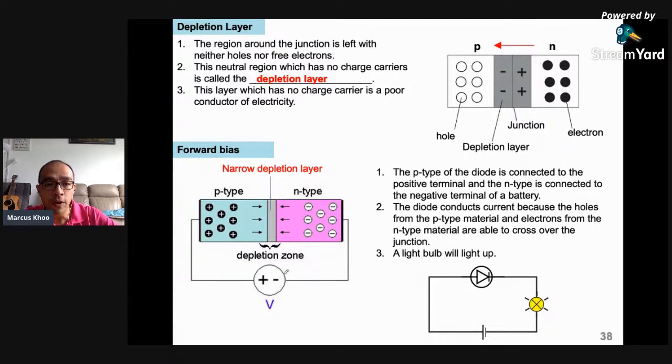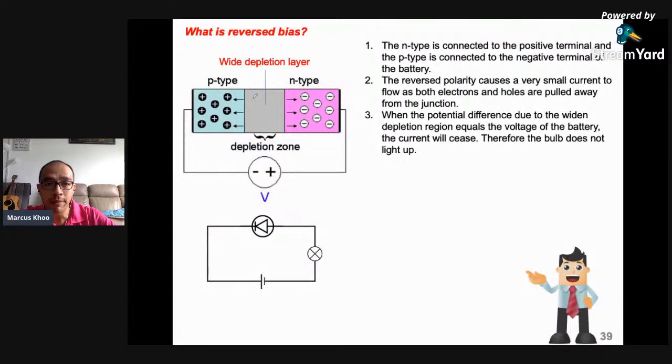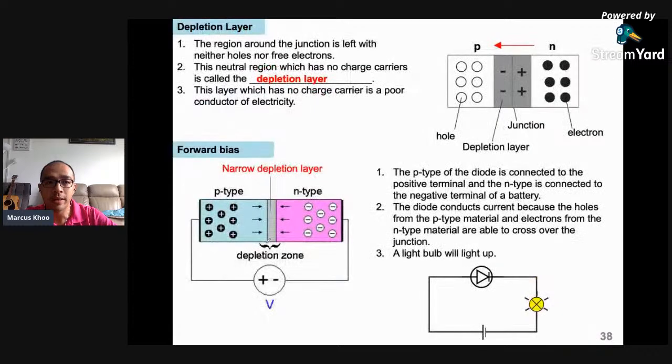So we do forward bias to make the depletion layer narrow, and we do reverse bias to make the depletion layer wider. Now, if the depletion layer is wide, then there's not enough energy for the electrons to cross over to fill in the holes. So the function of the voltage is to make sure that the depletion layer is narrow enough so that the electrons can cross over. That's the main thing that we need to understand from this.